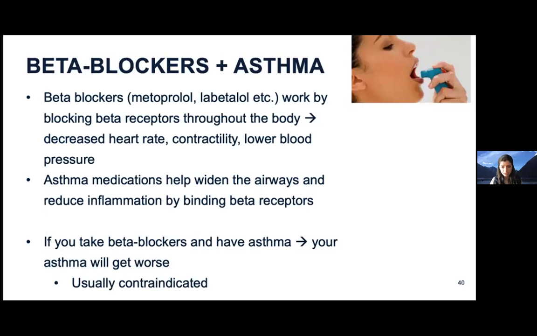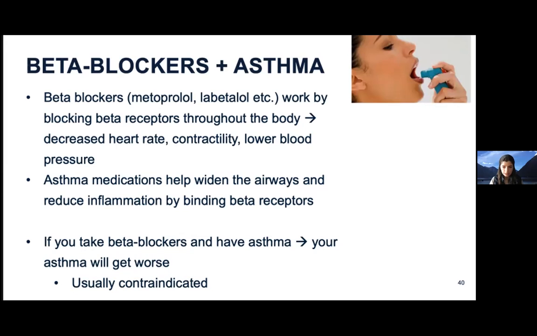So beta blockers are a medication group that end in lol, so it includes labetalol and metoprolol, and they're used in a variety of common cardiac conditions and to reduce blood pressure as well. And their mechanism of action is related to blocking of the beta receptors. And this allows them to exert their desired effect, which includes decreasing heart rate, contractility, and lowering blood pressure.